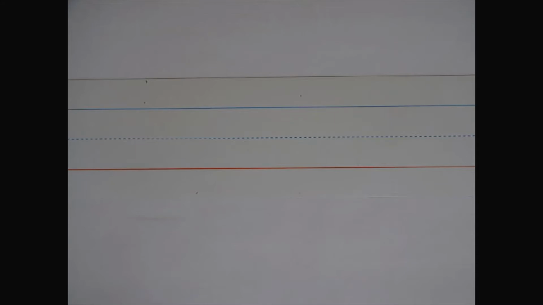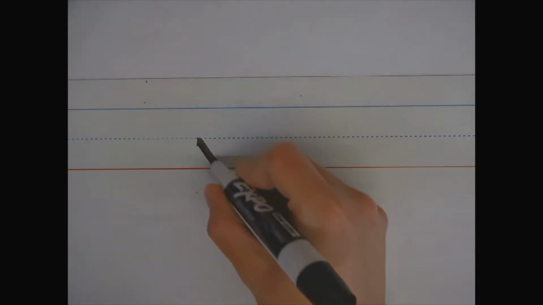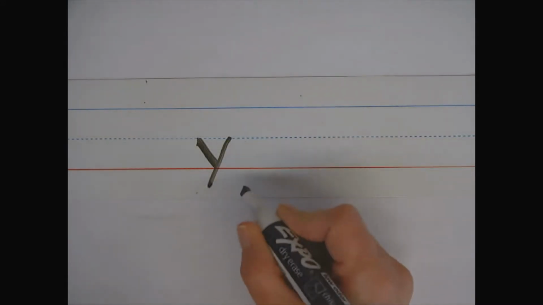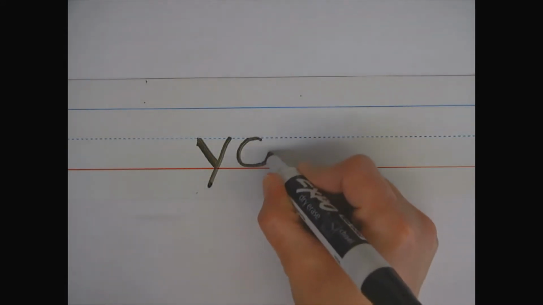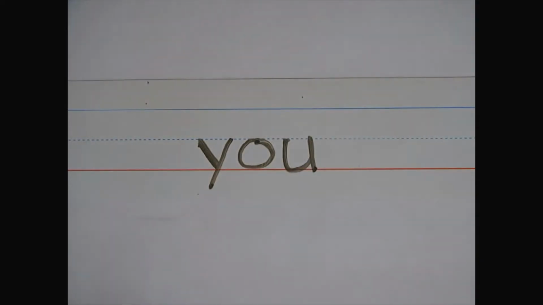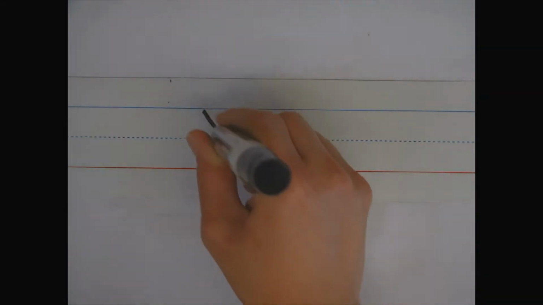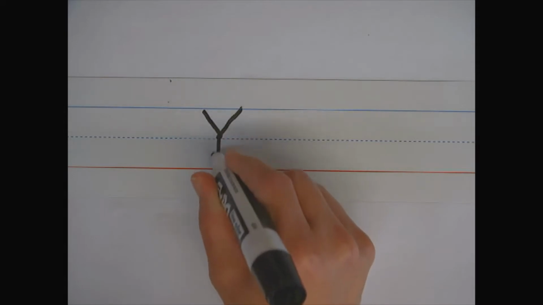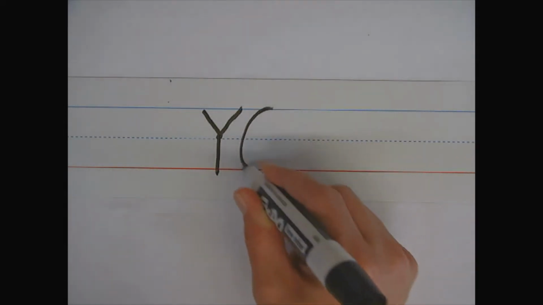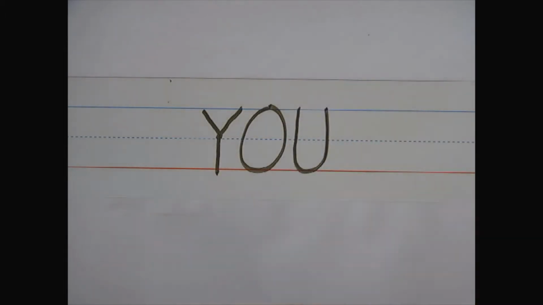Here is how we spell the word you. Y, O, U. You. In uppercase letters, Y, O, U. You.